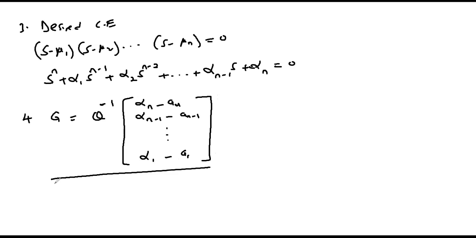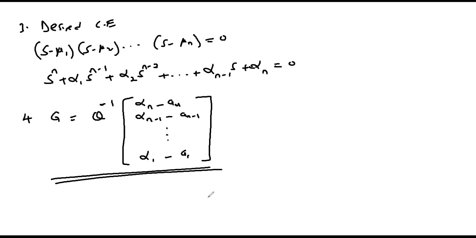And this is the feedback gain matrix G using the transformation matrix Q that is able to transform the system state space model into observable canonical form.